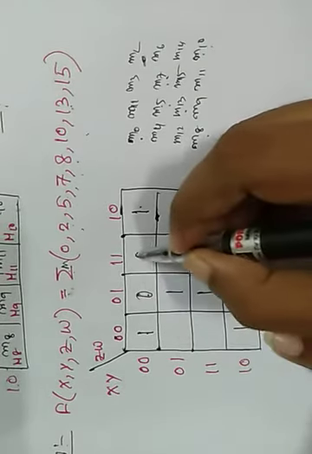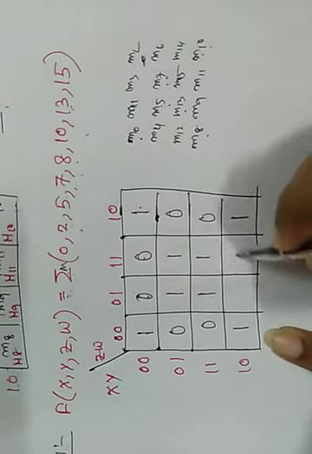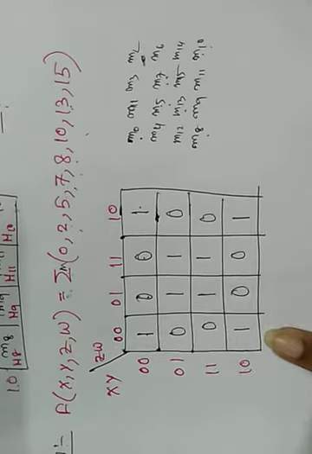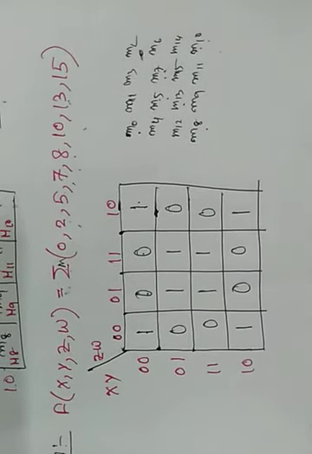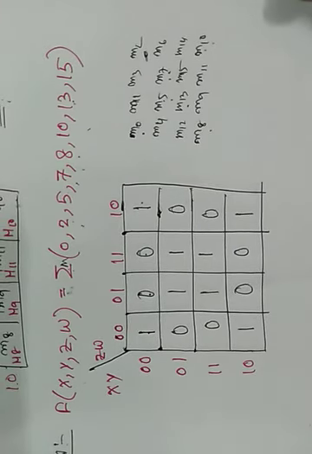All the other places are 0. Clear? Those are our minterm values.